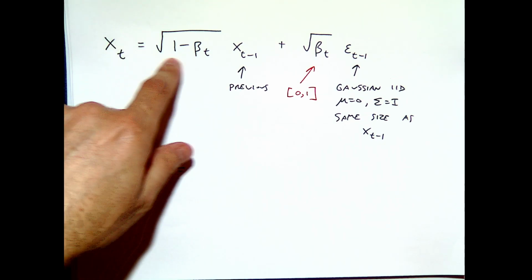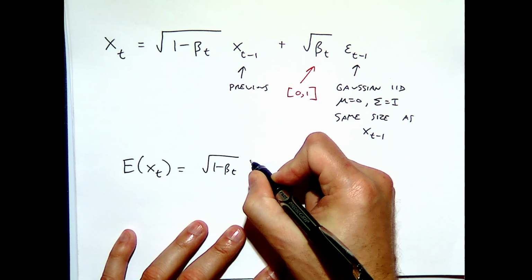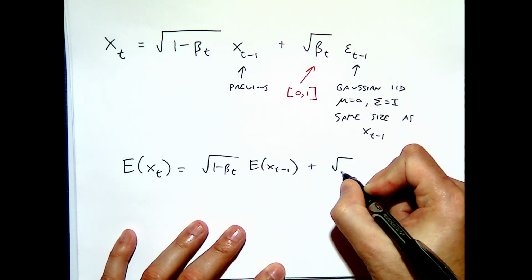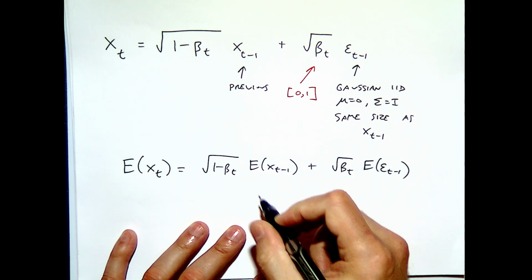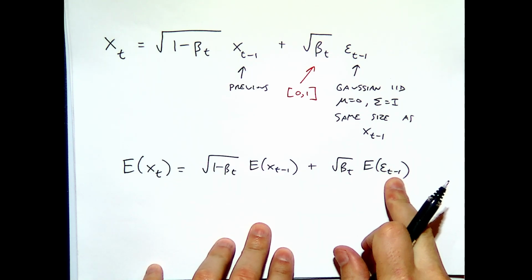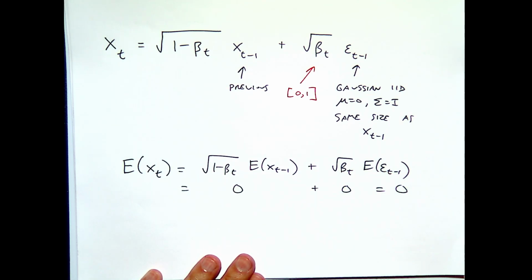So the expected value of this is going to be 1 minus whatever this beta is times this expected value plus this times the expected value of this. And again, remember that in the first place, if I'm thinking about this inductively, my first x0 I rescaled to have zero mean, and the noise I'm adding also has zero mean. So this is going to basically be 0 plus 0 equals 0. So I still have something at zero mean.